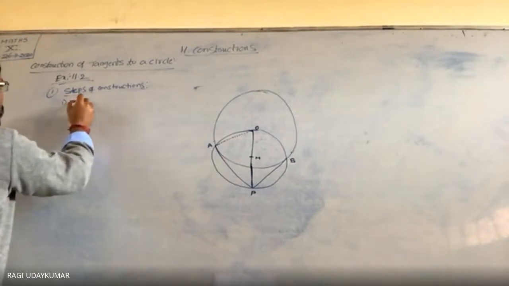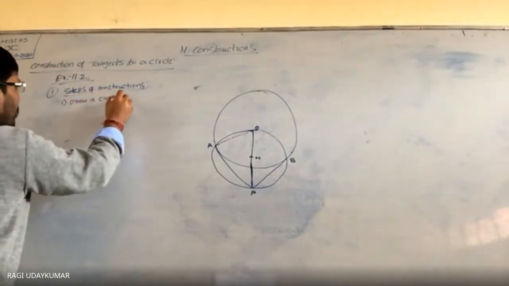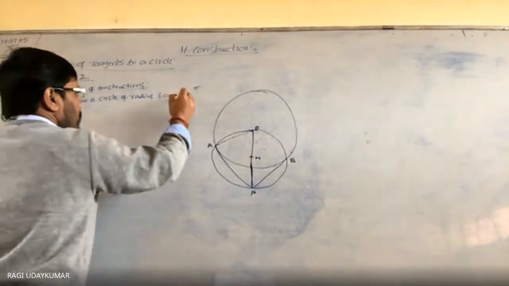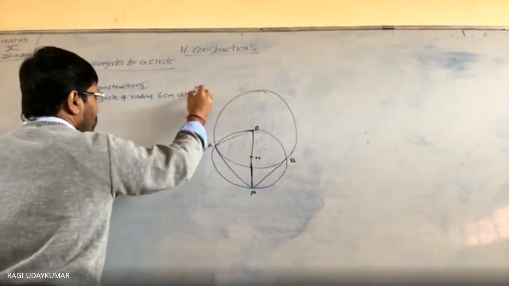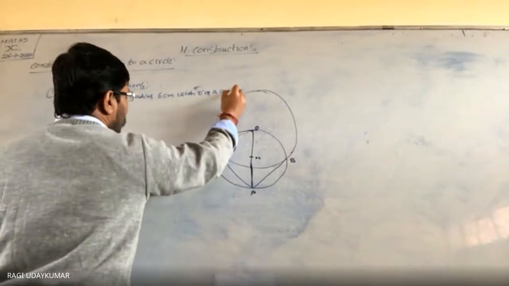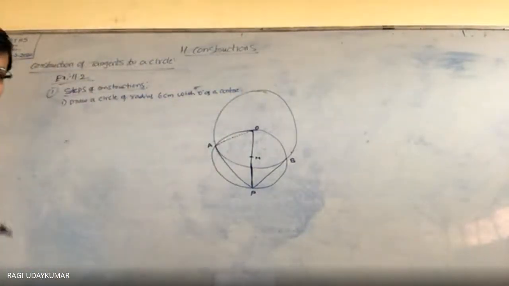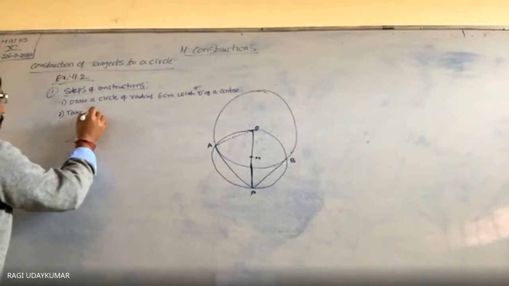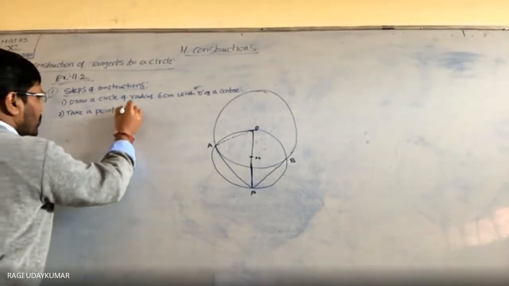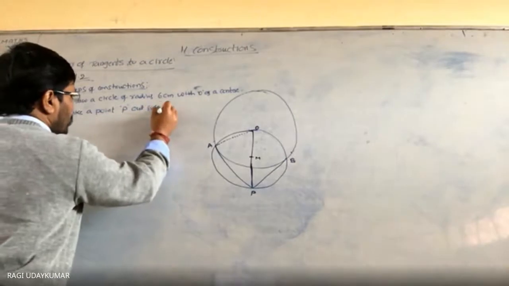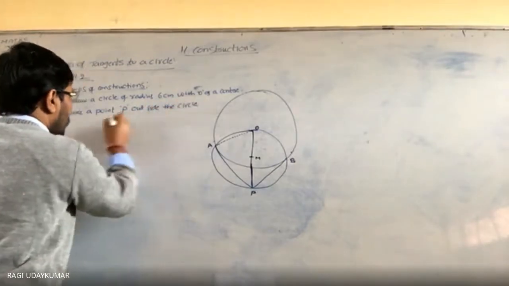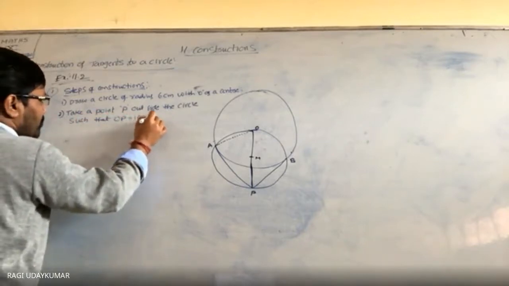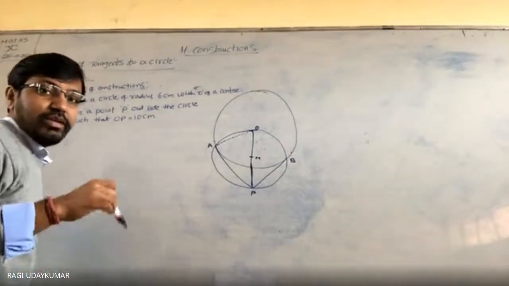First, draw a circle of radius 6 centimeters with O as center. Second, take a point P outside the circle such that OP is equal to 10 centimeters, that is, 10 centimeters away from the center.